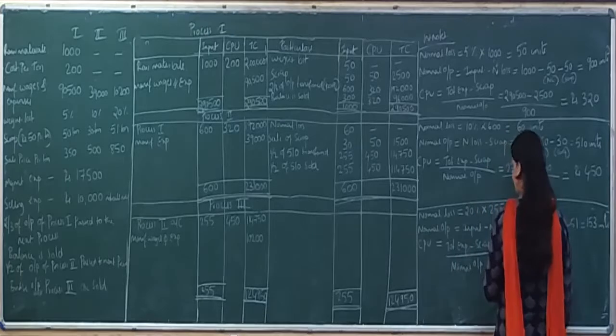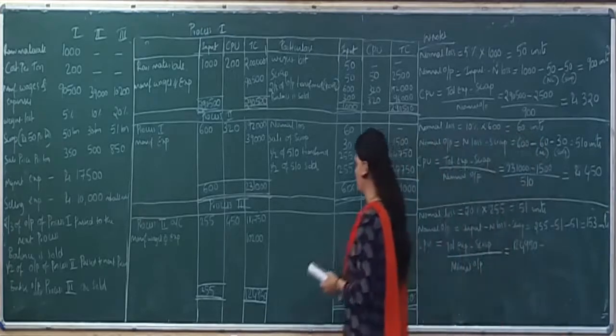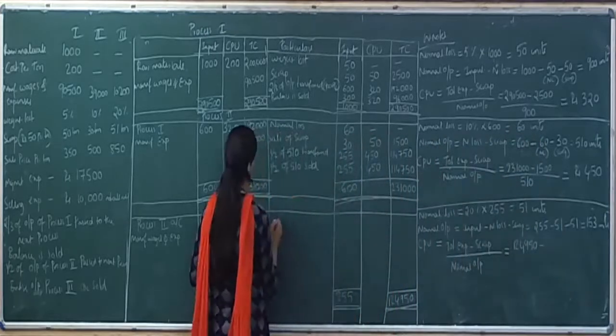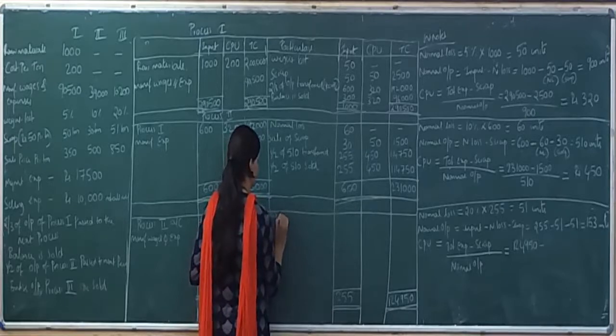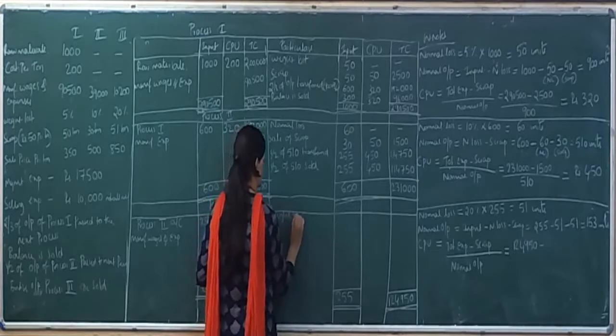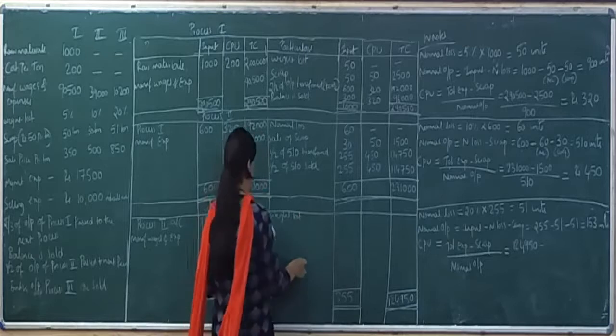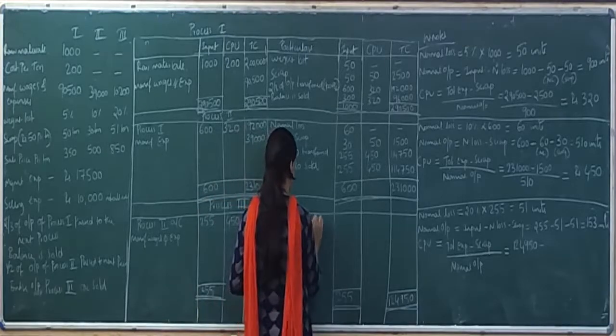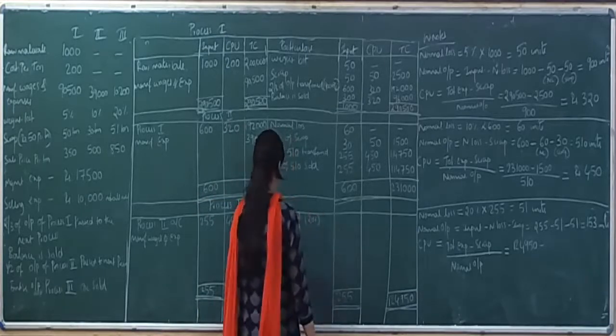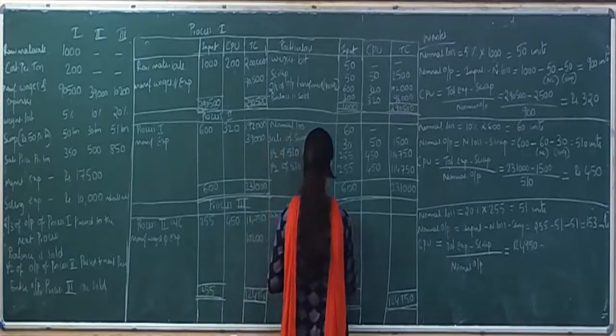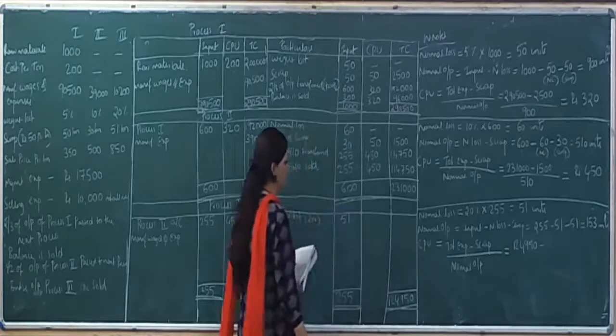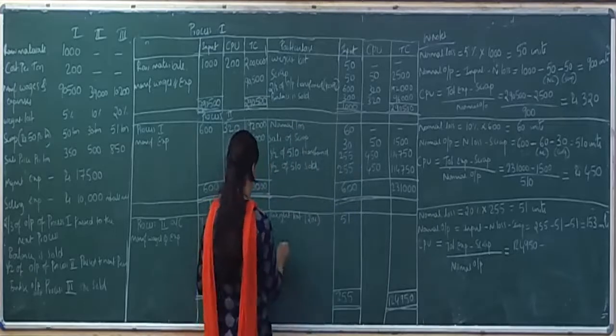One lakh 24 minus scrap is, okay, we need to write over here. So normal loss, %, is given of input, that comes to 51.